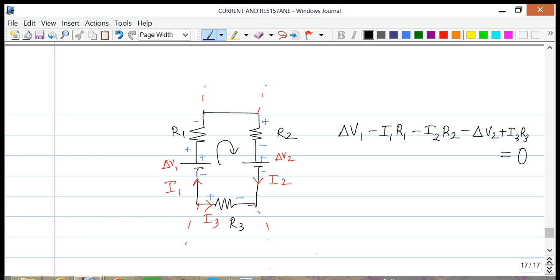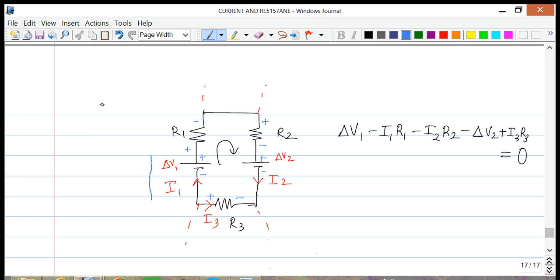Okay, so let's make sure we understand this. Once again, I'm going around the loop, so follow the equation again. I'll use blue for the loop. Okay, so I'll start with my delta V1, and I'm going to go in a clockwise sense. So as I start at delta V1, you see I go from minus to plus.